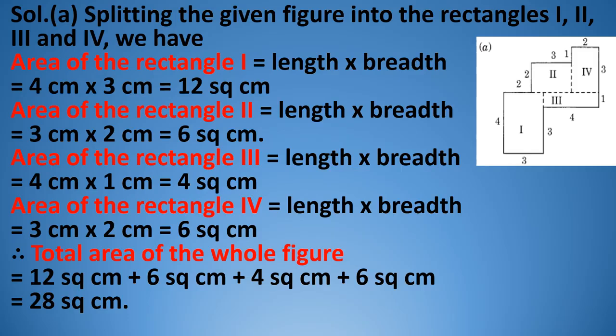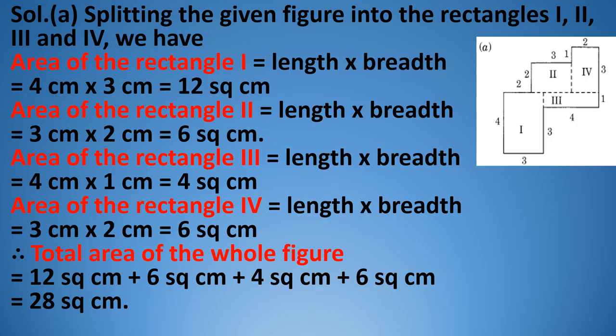Got it? What is important in this? That you should clearly see, you should think how to split the figure into various rectangles, how to divide the figure into various rectangles, so that your calculation will become easier.